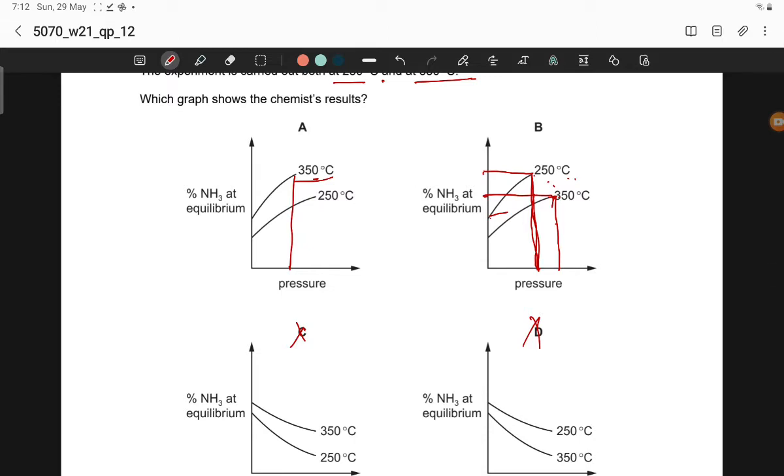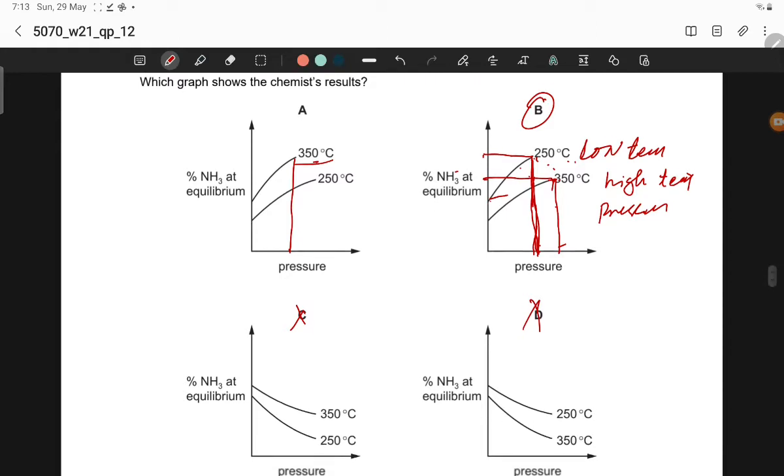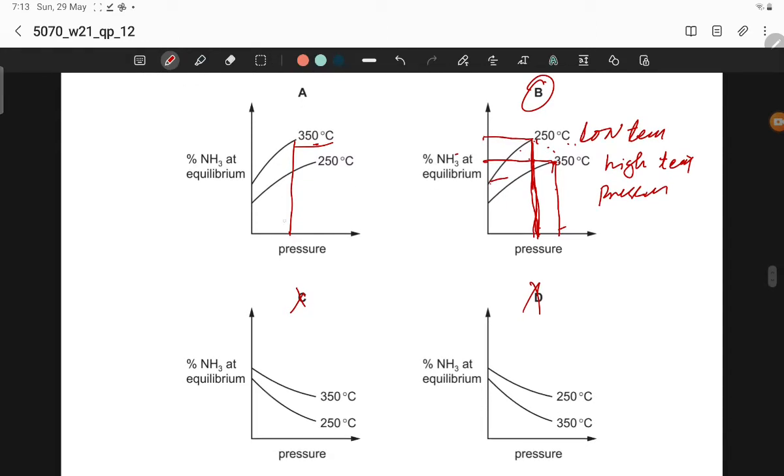At 350 degrees centigrade, this is high temperature, producing less ammonia at this pressure. At the low temperature, producing more ammonia. So B option must be correct. 350 degrees centigrade at lower pressure is not correct.